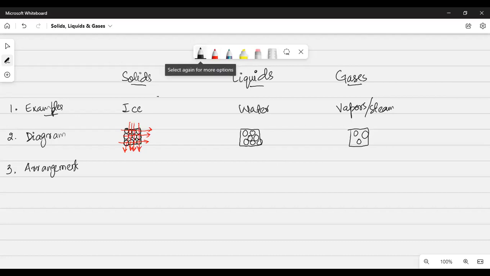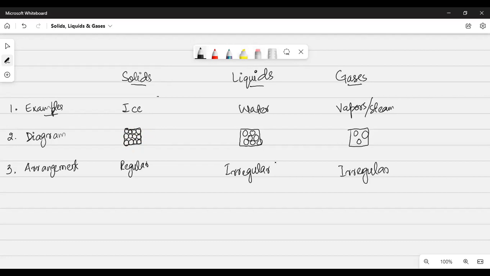So if I write the word regular for this arrangement, it would be very precise. It would be completely explaining what I want to explain. And I'll definitely have to use the word irregular for both liquids and gases because they definitely aren't arranged in a regular pattern.